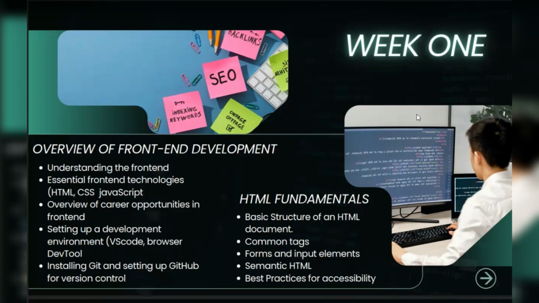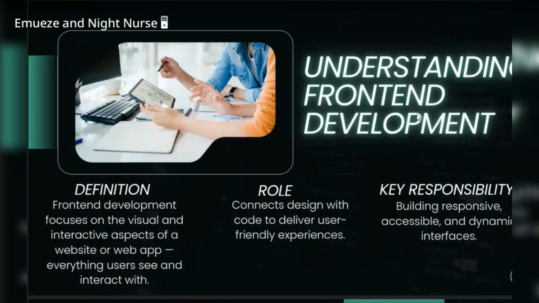We look at installing Git and setting up GitHub for version control. We look at HTML fundamentals: the basic structure of an HTML document, common tags, forms and input elements, semantic HTML, and best practices for accessibility.